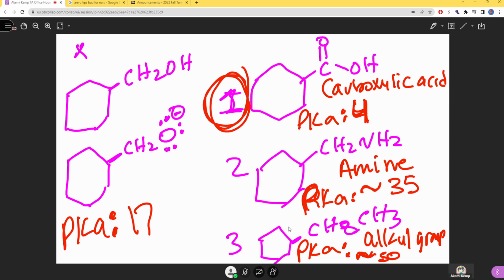Which makes sense, right? An acid's pKa needs to be very low, almost negative. So this is an actual acid-base reaction that would work. You can't react in acid-base reactions when both pKa's are big positive numbers. It's not going to work.